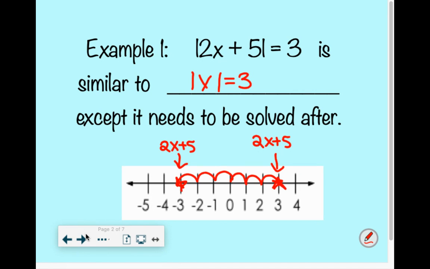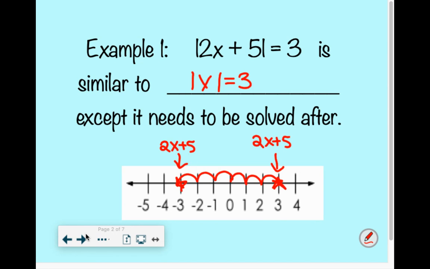So there's a little extra stuff there. Instead of just x, there's a 2 and a 5 there also. But the idea is the same, that this statement means that whatever's inside can either equal 3 or -3. And that just means we have 2 equations to solve.